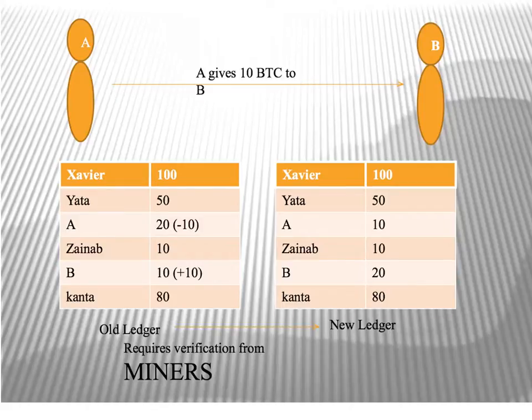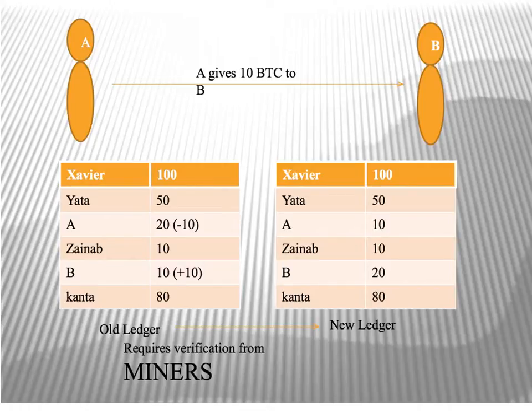Then he will transfer 10 rupees to the account of B. Now the bank authorities will deduct 10 rupees from the account of person A and then credit 10 rupees into the account of person B. This is how a transaction happens online with an intermediary, let's say a bank or a payment gateway.